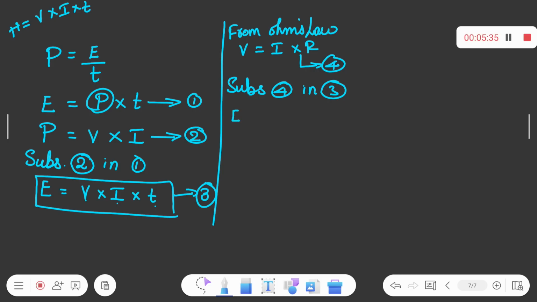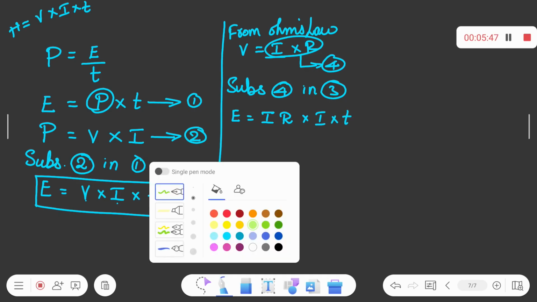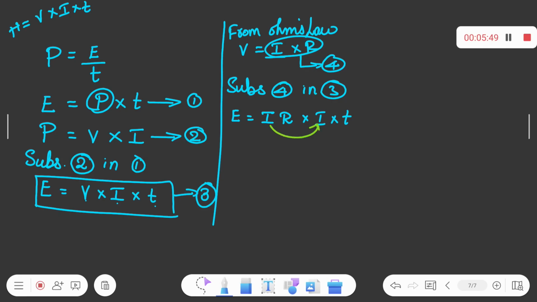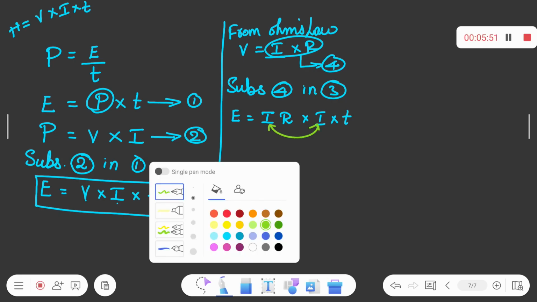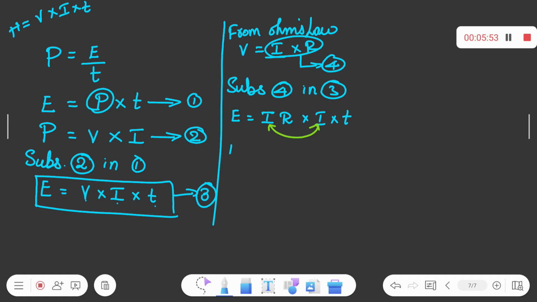So energy is equal to, instead of V, we substitute this value there. So I into R into I into T. I into I is I square. So energy is equal to I square R into T.